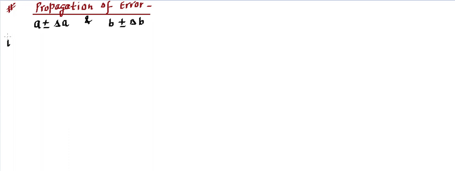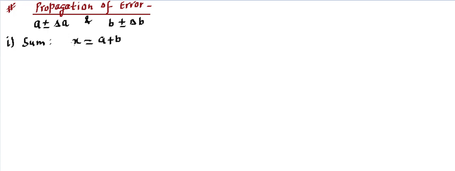Let's talk about the first, addition or summation. When we sum these quantities, let's say x is defined as a plus b. We will write the value of a over here, and the value of b over here, that will give the value of x.